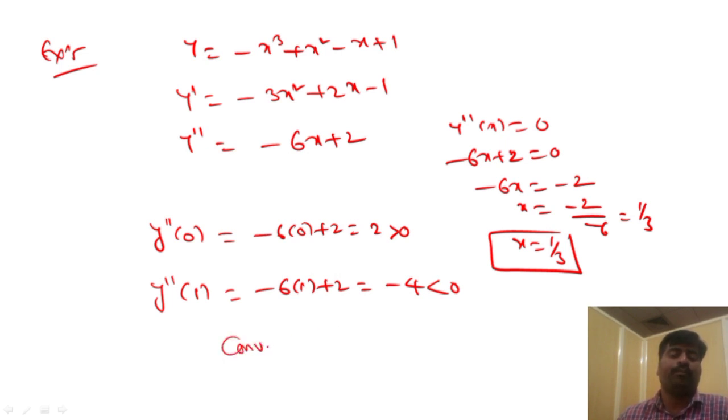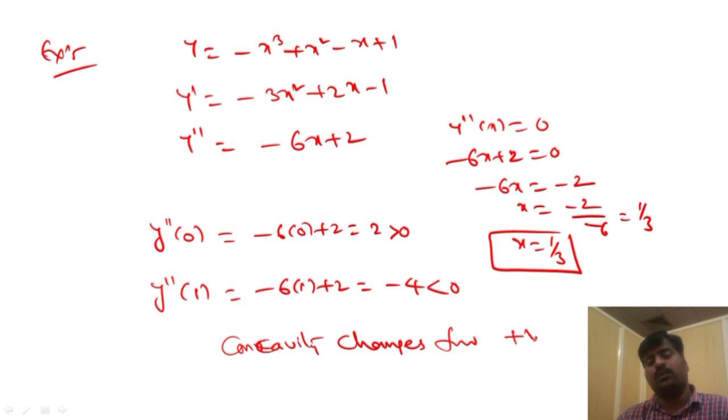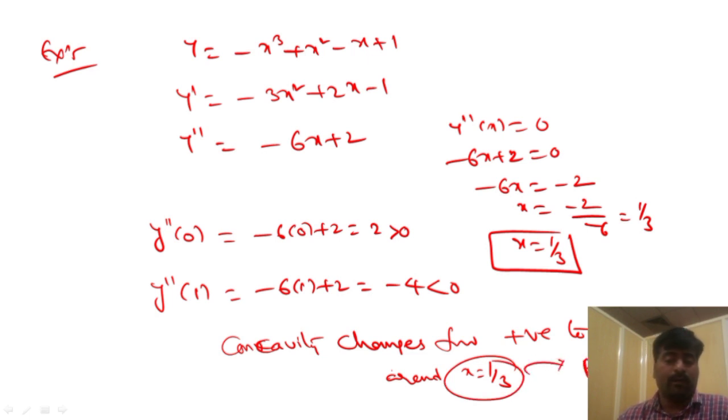This means the concavity changes from positive to negative around x equal to 1 by 3. So x equal to 1 by 3 is called a point of inflection. Likewise, you can find points of inflection.